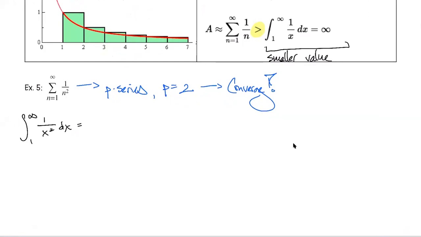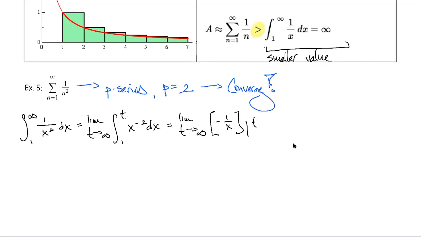Because this is really like saying x to the negative 2 and taking that integral. And so when we integrate that, we'll get the limit as t approaches infinity of negative 1 over x, and I'm going to plug in t, and I'm going to plug in 1.